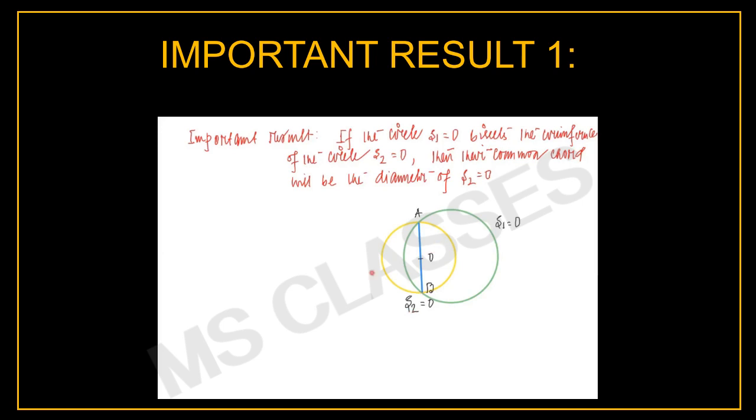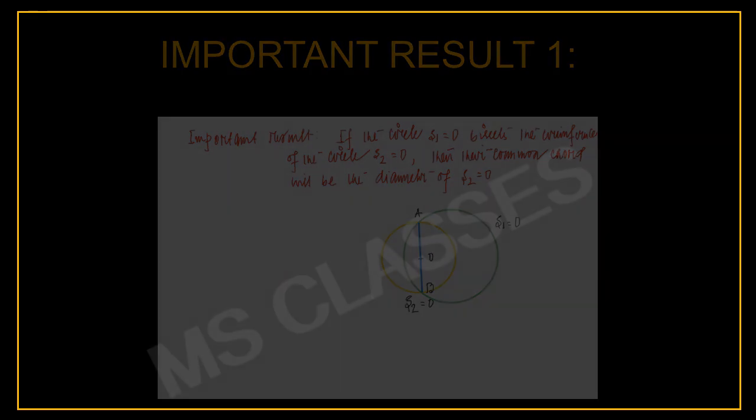We can just apply this concept. There is an equation of a circle, which we take here as S1, and that is x square plus y square plus 3x minus 4y plus a equal to 0.